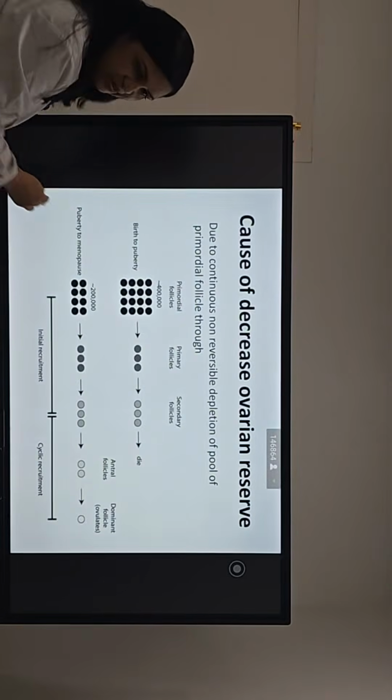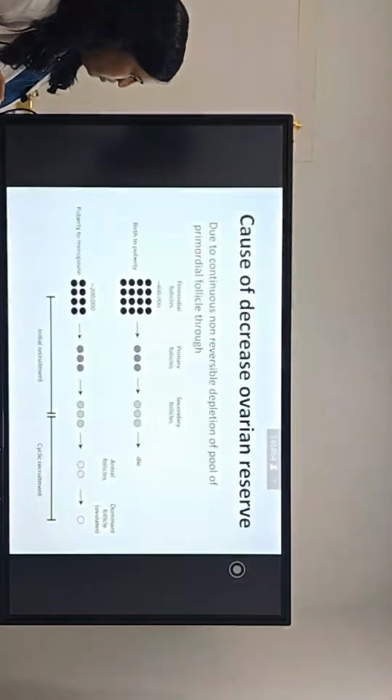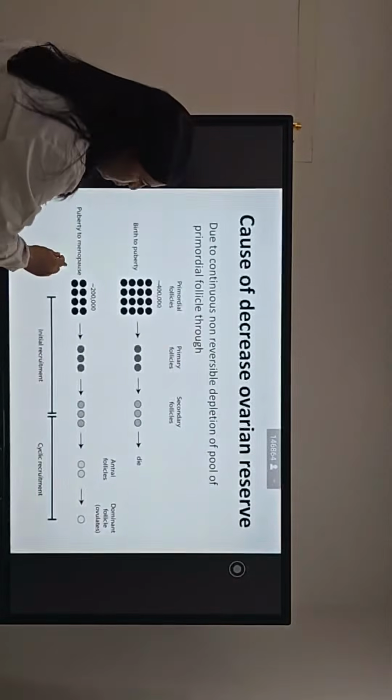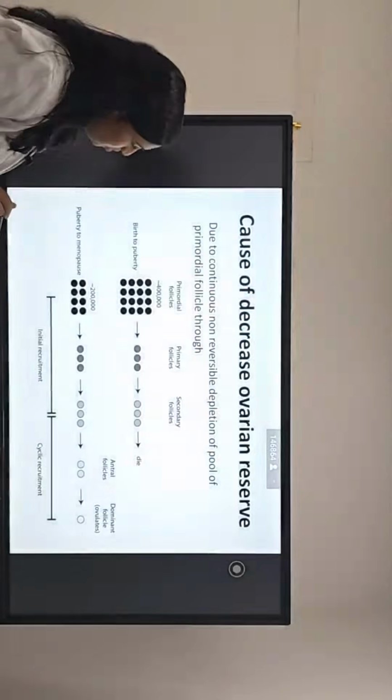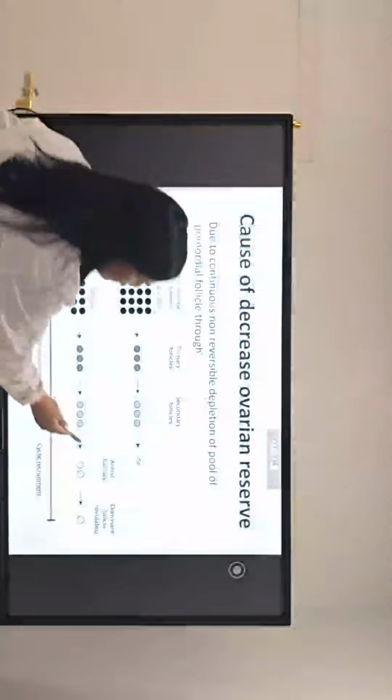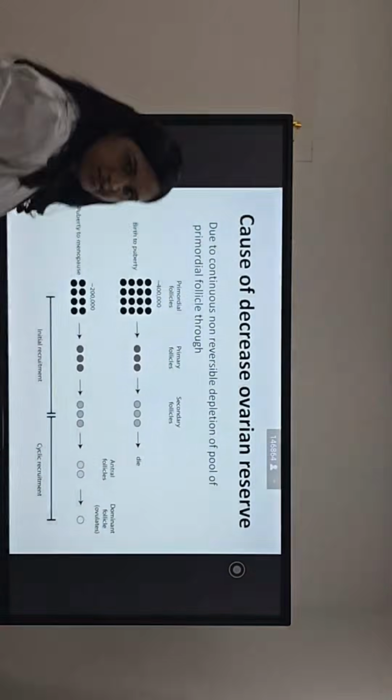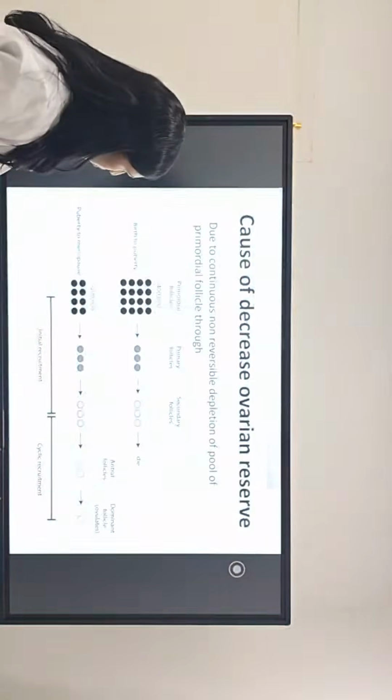But from puberty there will be release of hormones, which leads to the secretion of FSH and the formation of antral follicles, and in each cycle one dominant follicle will be formed.